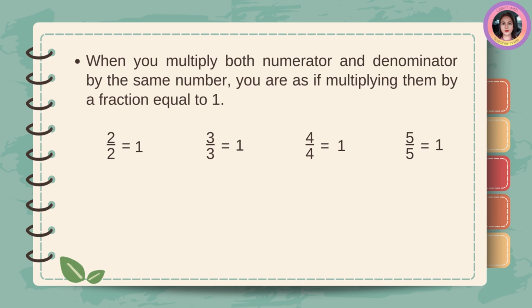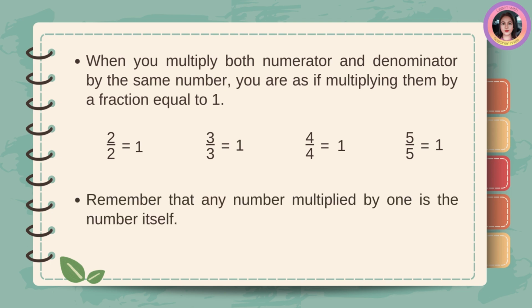Example, 2/2 is equal to 1, 3/3 is equal to 1, 4/4 is equal to 1, and 5/5 is equal to 1. Remember that any number multiplied by 1 is the number itself.